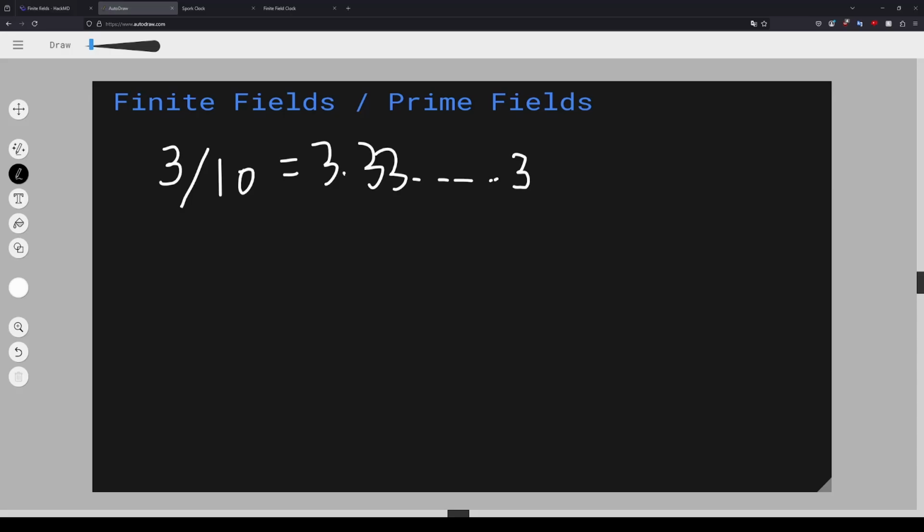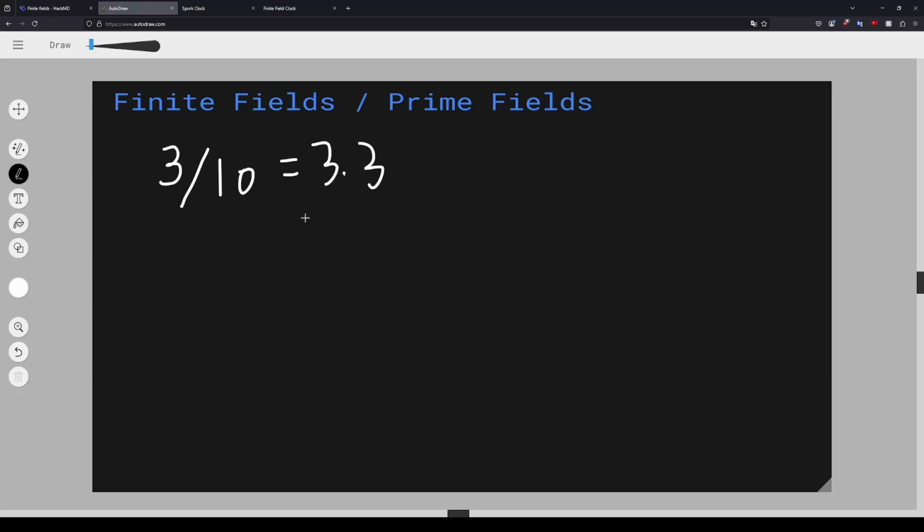So a finite field, as the name suggests, is a finite set of values. A cryptographer in the early days decided that for the finite field there will be only whole numbers.